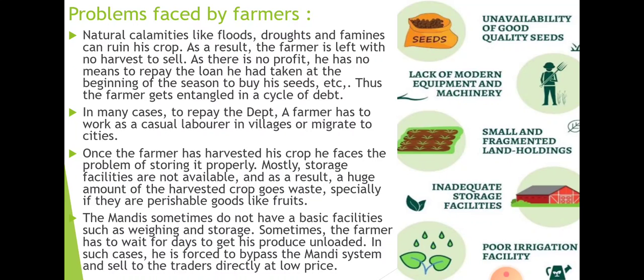Once the farmer has harvested his crop, he faces the problem of storing it properly. Even if there are no natural calamities and the production is good, the problem is that there is a lack of storage. His house is not big enough to store his whole produce.